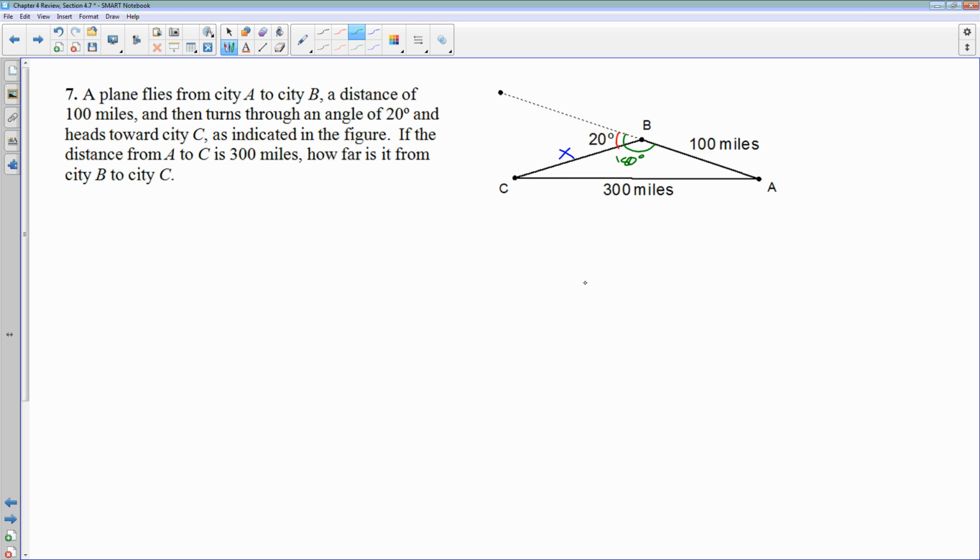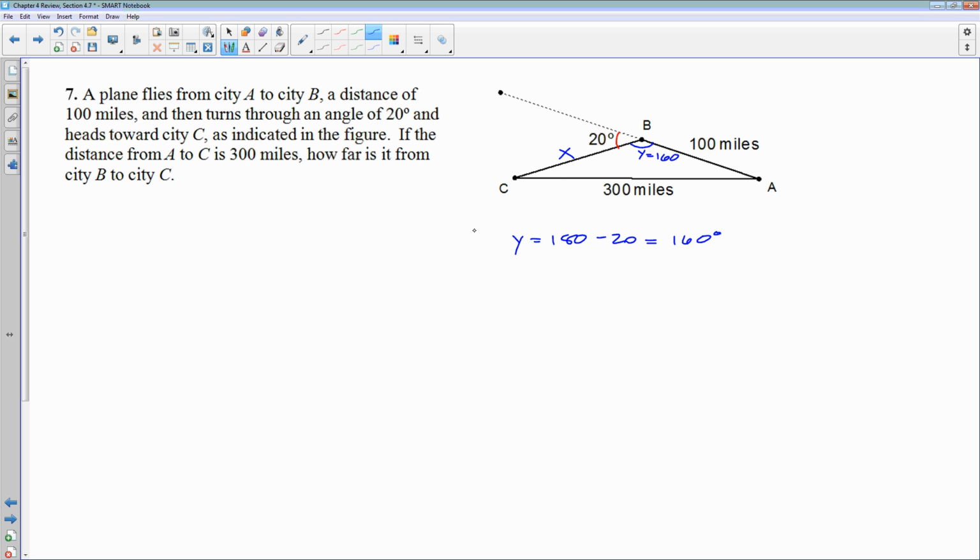That green angle I just marked must be 180, meaning this piece inside the triangle is going to be 180 degrees minus 20. So this angle, which I'll just call y, is going to have to be 180 degrees minus 20, and I'm pretty smart, I know that that's 160 degrees. So y is 160.